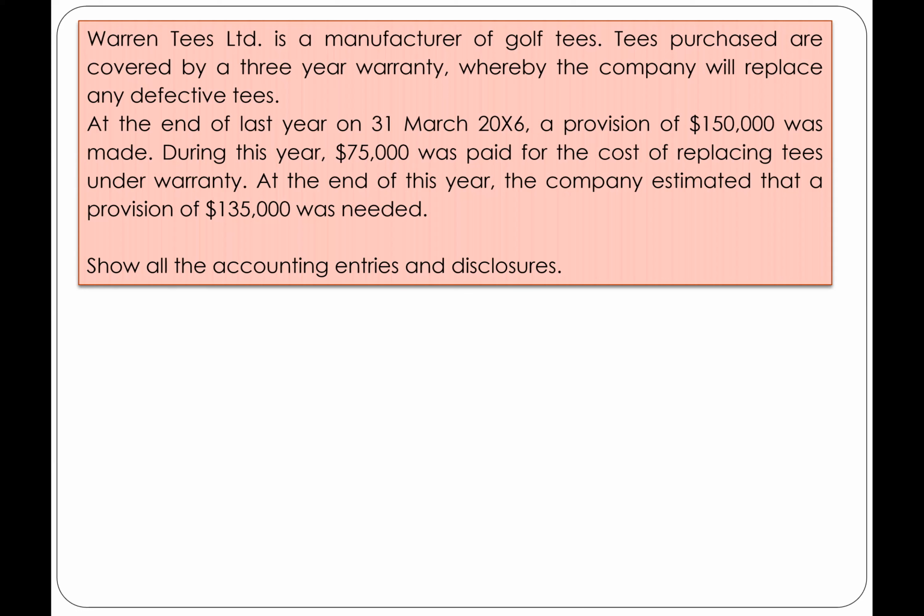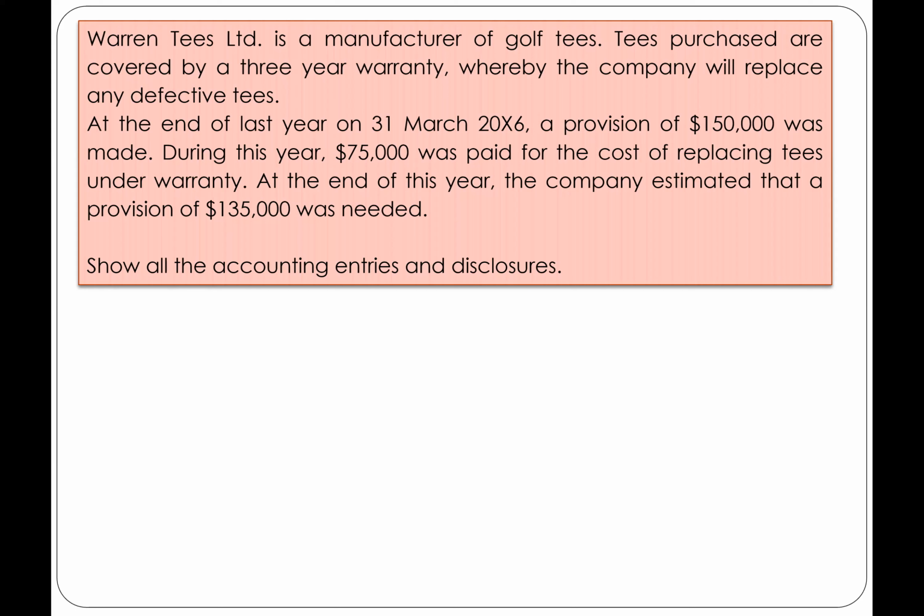Right, then in terms of the disclosure notes, you are now explaining the fact that you had created a provision for the cost of replacing tees of 150,000. During the year, we made payments of 75,000 towards the cost of replacing the tees that were under warranty.